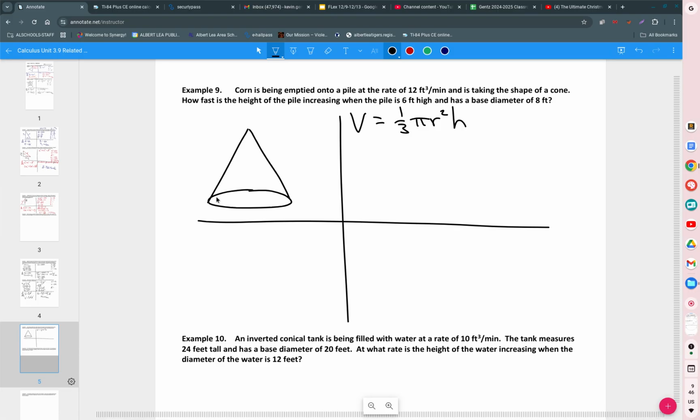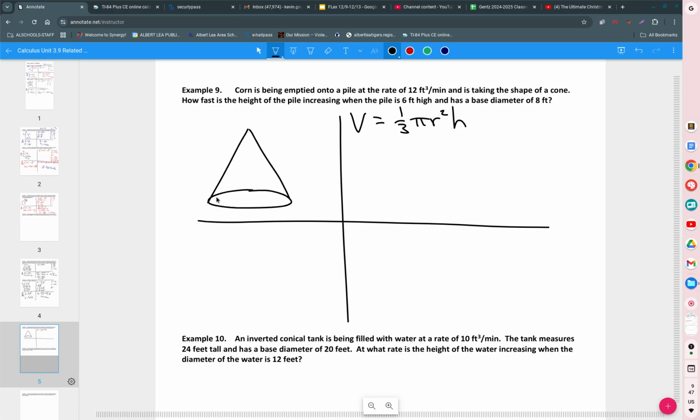So I've got volume is 1/3 pi r squared h. And the other thing you need to know is that if we are emptying this corn onto a pile, obviously it's going to continue to get taller and wider each time. But we're going to say that its height and its width remain proportional.